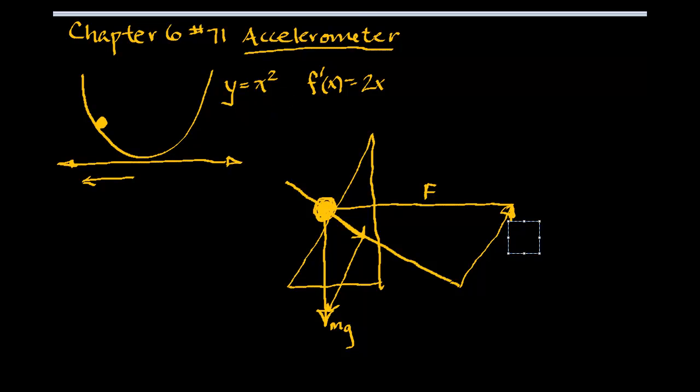The reason why the ball doesn't move anywhere in this particular configuration is because the force pulling down on the ball parallel to the track is equal to the force pushing up on it parallel to the track. And if these forces were not equal, then the ball will move into a position where they are equal.